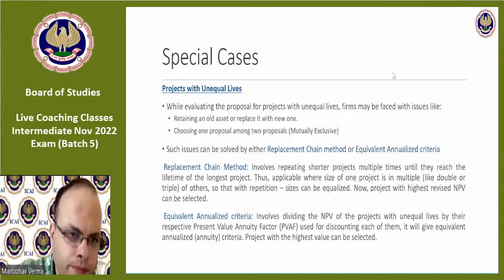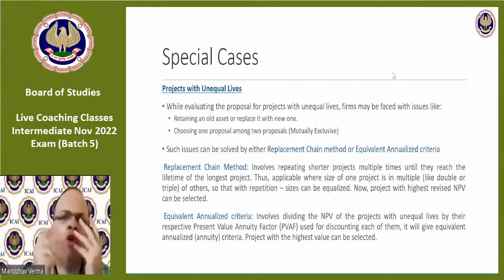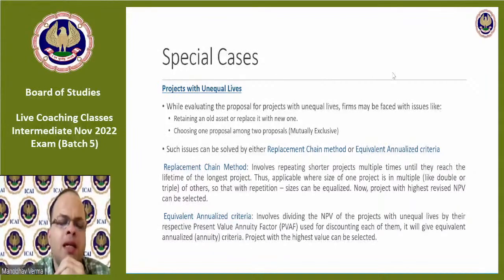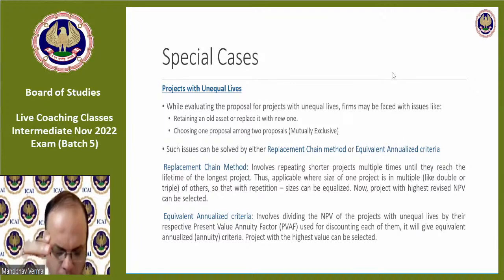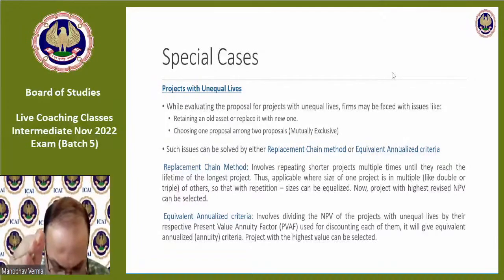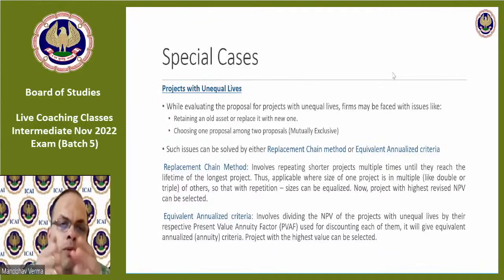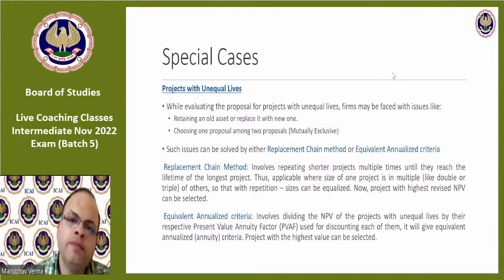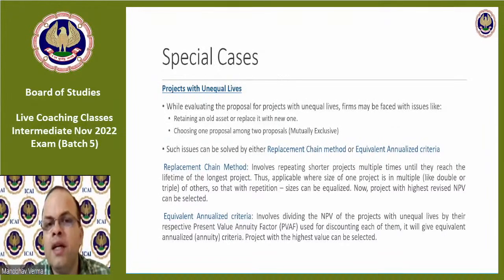Now, when we are talking about unequal lives, the problem is that if multiple projects are there, how can we select a shorter one versus a longer one? Or what about the equipment we have? In that case, there is a method we can use, which is the replacement chain method or the equivalent annualized criteria. Let's discuss them one by one.